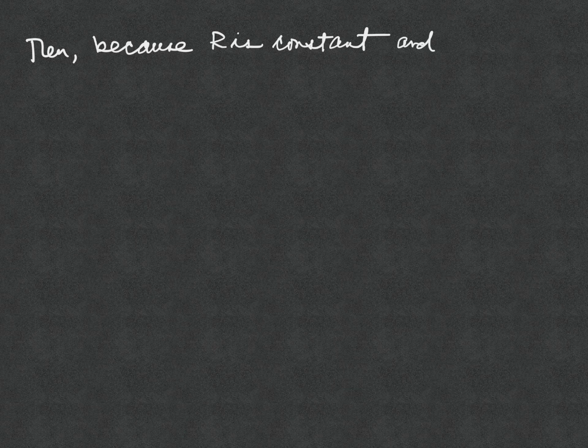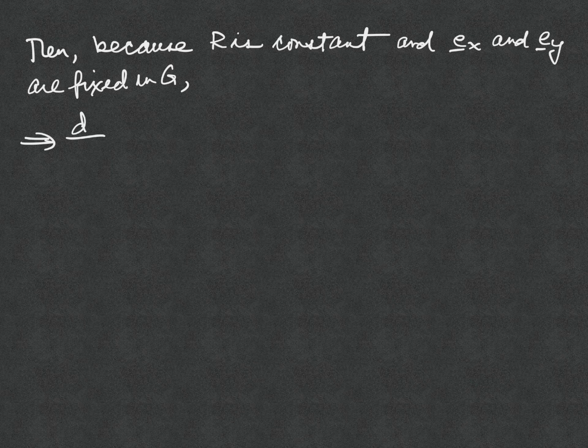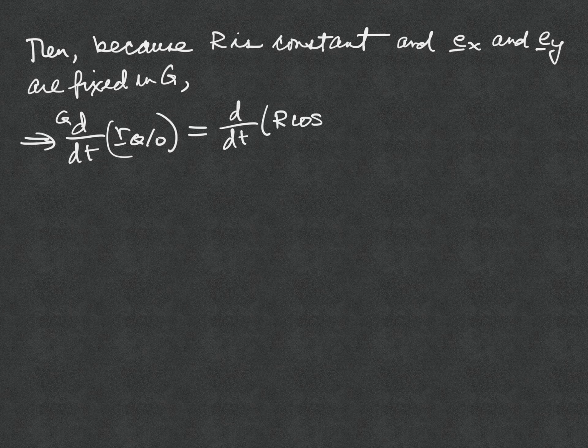So then, because R is constant, and it's the radius of a circular disk, and EX and EY are fixed in G, we have that the rate of change in G of the position of Q relative to O is just going to equal d dt of R cosine theta times EX plus d dt of R sine theta EY.